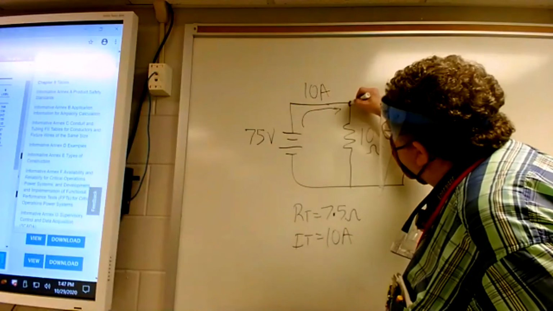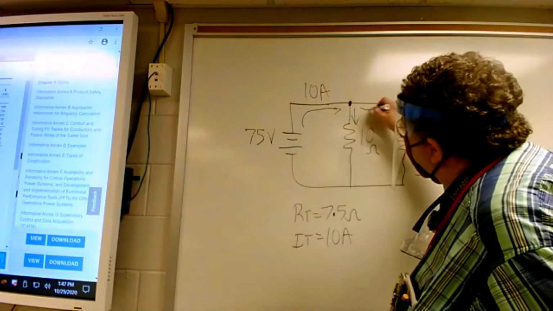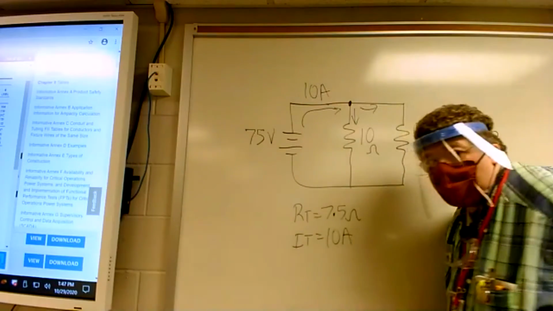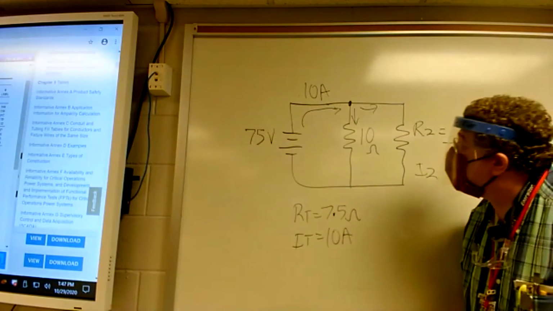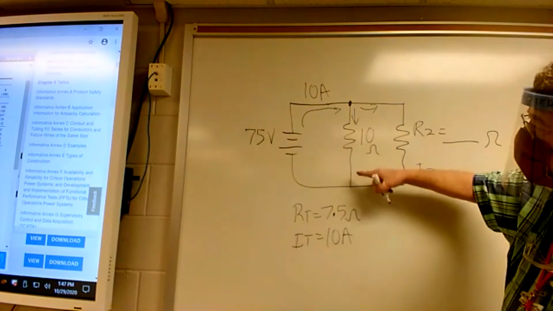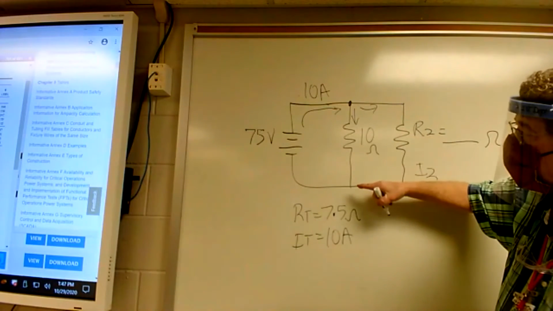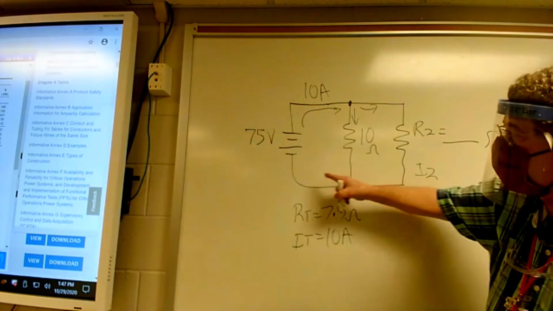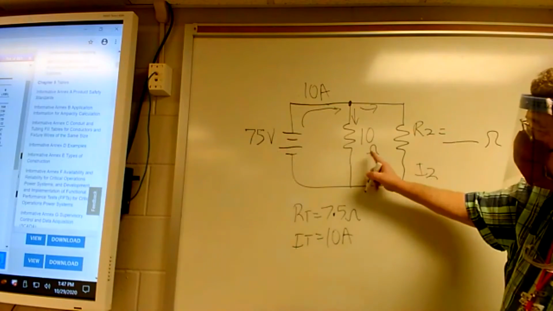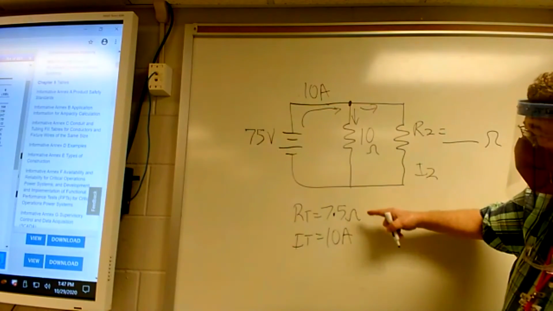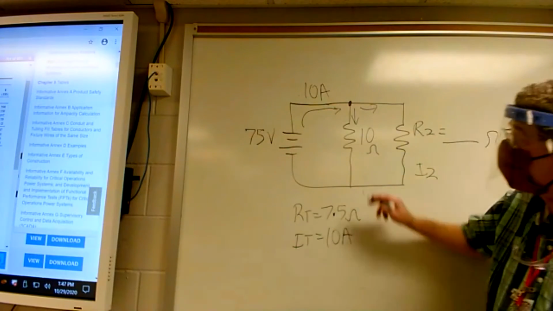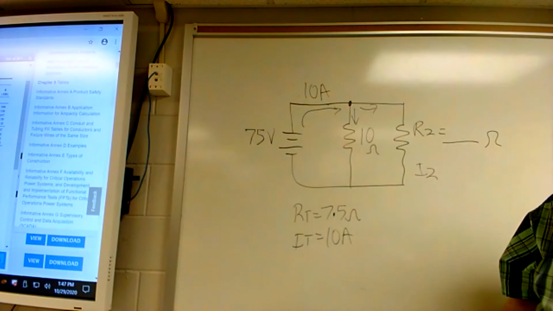Yes. You have a junction point where it's going to split. If it splits, we can calculate the current flow through this branch by doing what? We have the voltage and the resistance of this one. So what would the current be through this one? How do you calculate that?